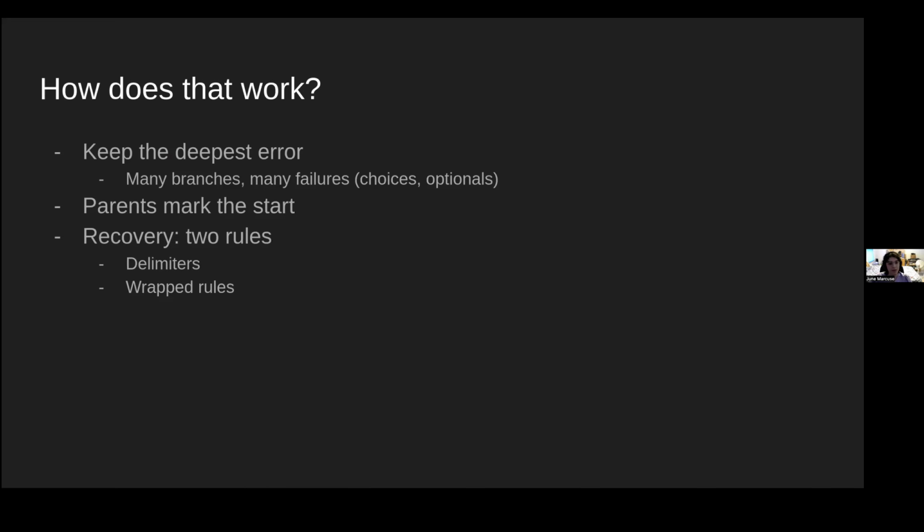Or if we are parsing several choices, so for example, a JSON value could be an integer or float or a boolean or null or a list, etc. Many of those will fail before one of them succeeds. So in general, the rule is just keep whichever error is the deepest or was encountered the farthest into the input.